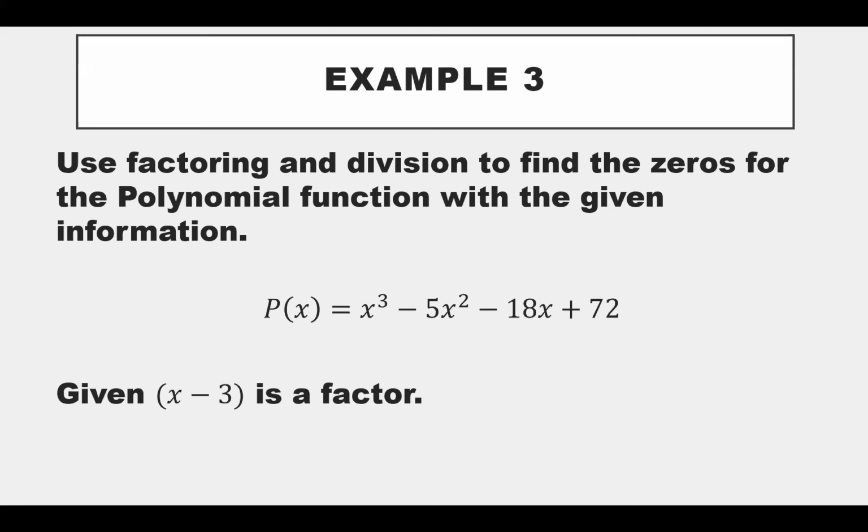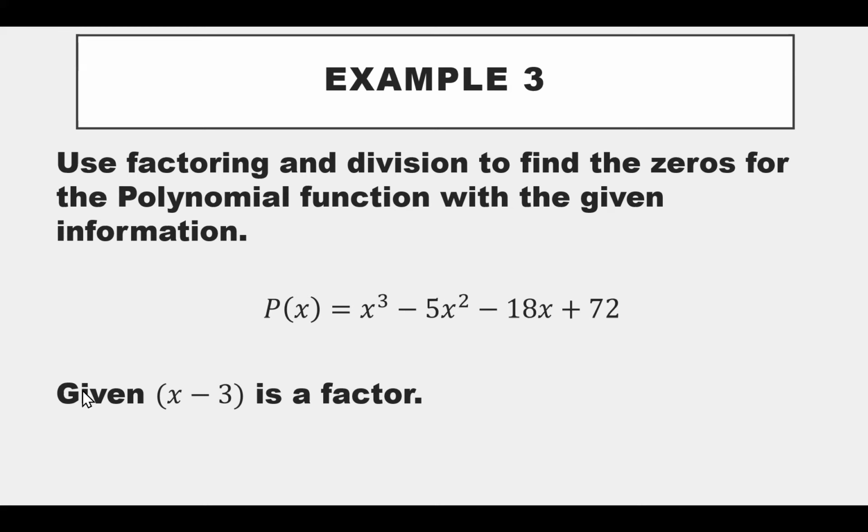That also means that when you plug in a 3 into the polynomial, you get out a 0. You can check that that's true if you want. So we know this is a polynomial of degree 3, so we can factor it over the complex numbers into 3 different pieces.